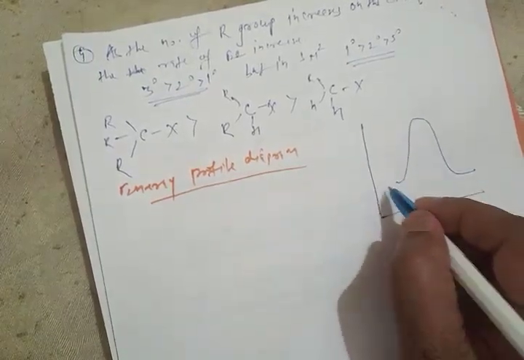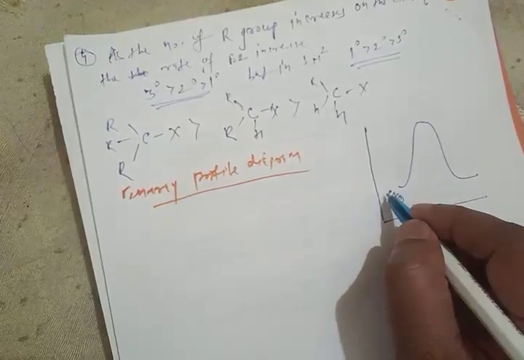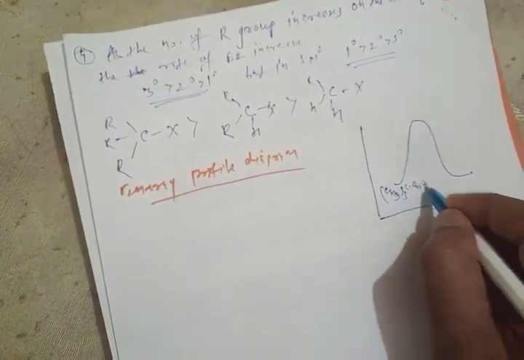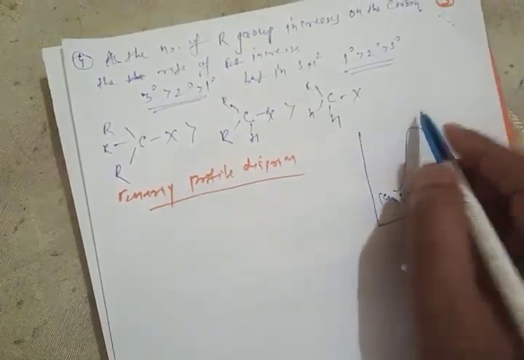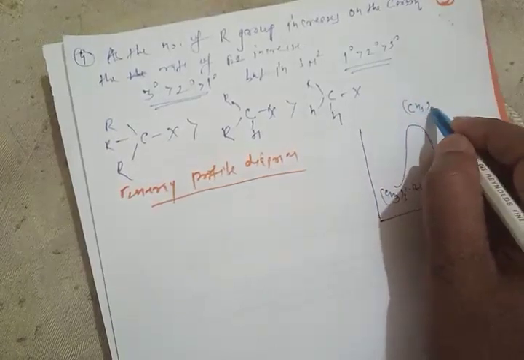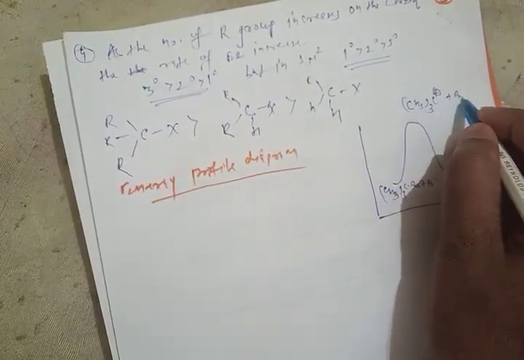Then this is (CH3)3CBr and a base also here, giving (CH3)3C+ and Br-.